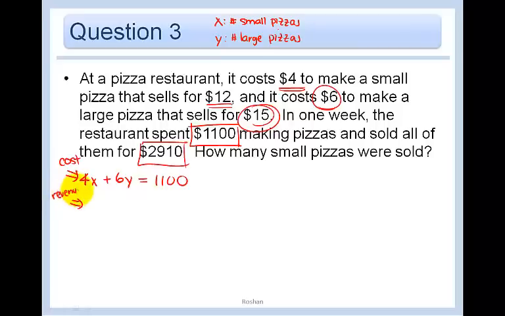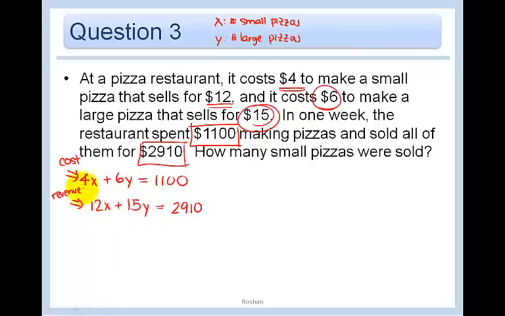And what is that? Okay, so the small ones are selling for 12, so that would be 12x, plus the large ones are selling for 15y, and the revenue is $2,910. Okay, now we have two equations. Oh, look at this. We have a 4, and how can we make 4 into a 12?